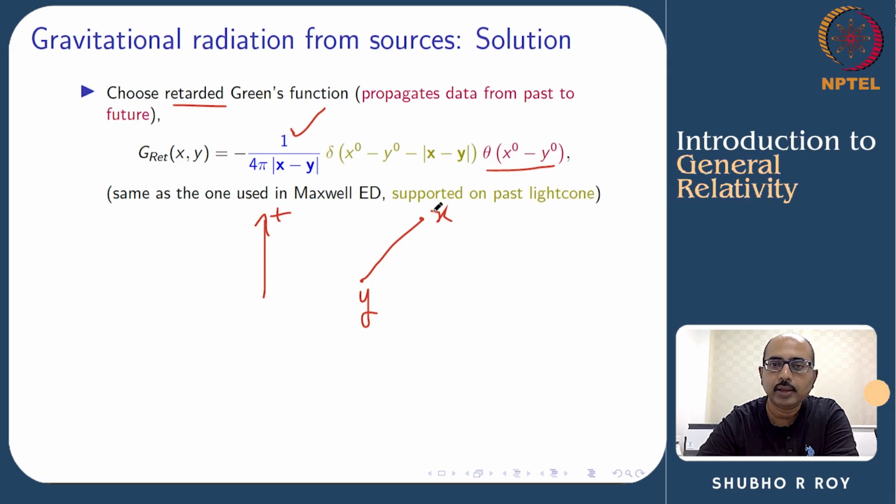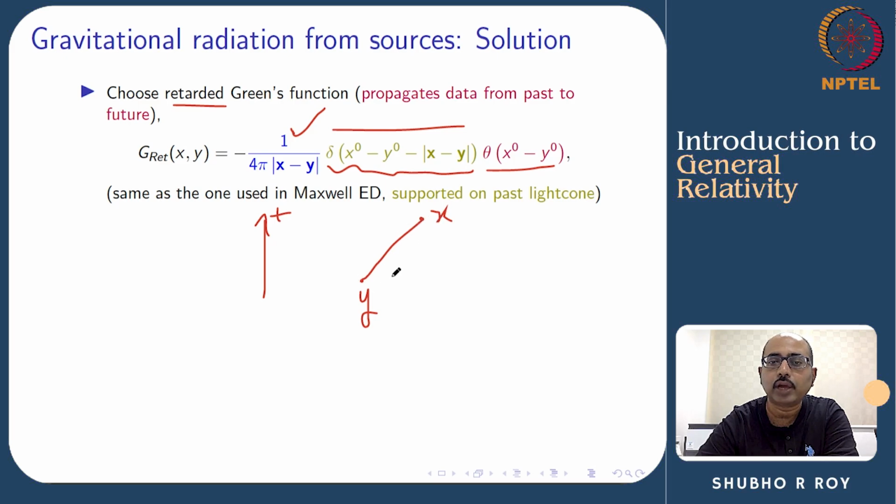And secondly, now I want to focus on this part with the Dirac delta function, which is in solid form. This is telling you that x0 minus y0 is the same as the spatial separation. So the time separation is equal to the spatial separation.